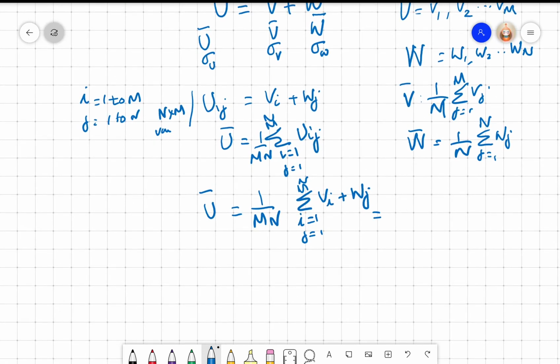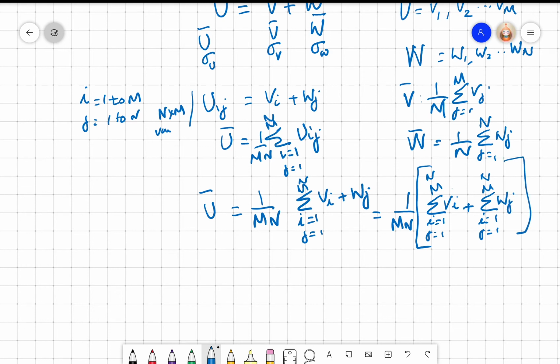So that would be 1 by Mn, I take this, sigma i equal to 1 to M, j equal to 1 to N, Vi, plus this multiplied, sigma i equal to 1 to M, j equal to 1 to N, Wj.